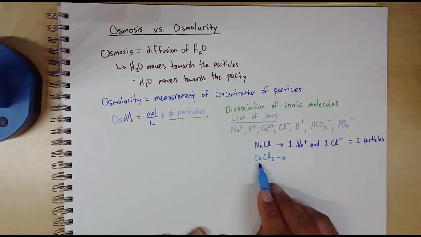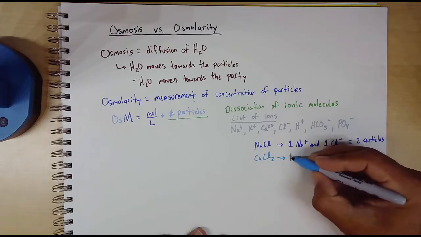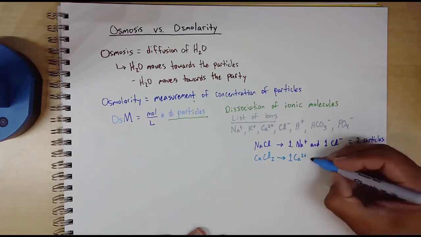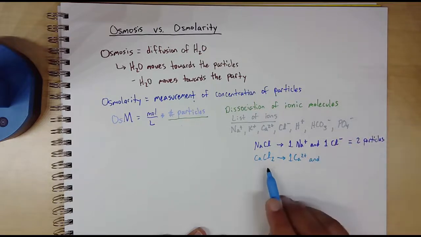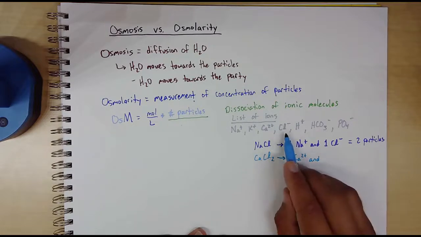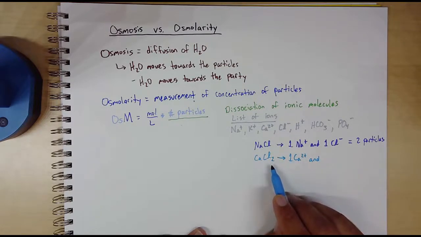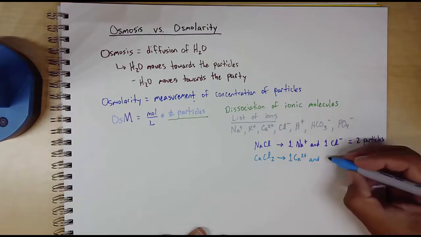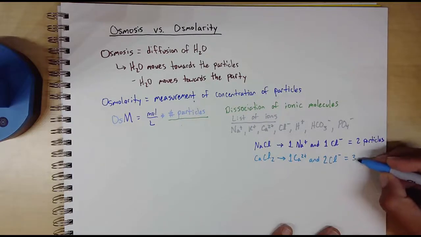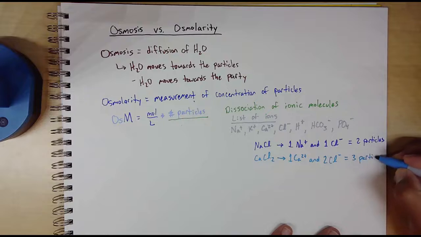We're going to have 1 calcium cation, and here's the trick. Because calcium's a 2 plus, it required 2 chlorides to bind to it. So that's where the Cl2 comes into play. We have 2 chlorides. So how many total particles are we going to have? There are 3 particles.